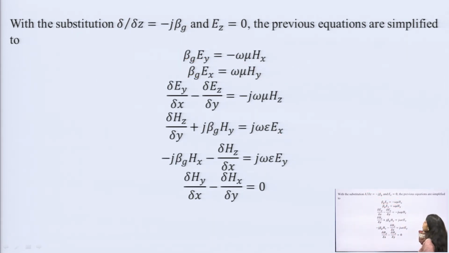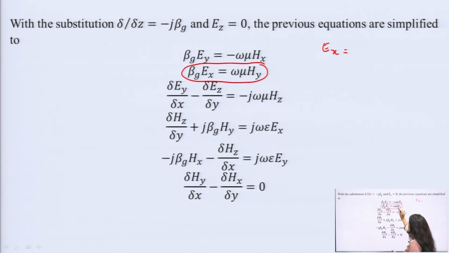So first of all, what we have to find out is the value of Ex. In which expressions do we have Ex? We have Ex in this one, and in the other expression you can see we have Ex in this one.